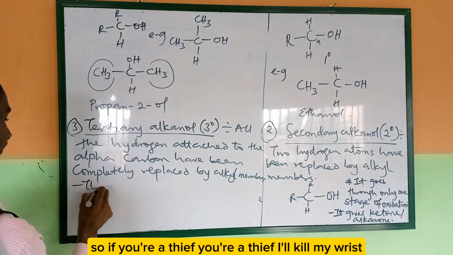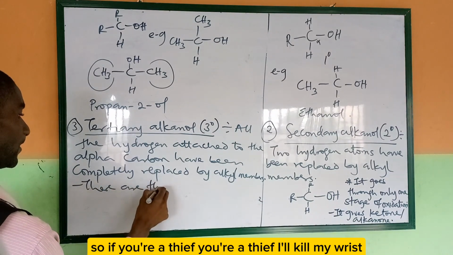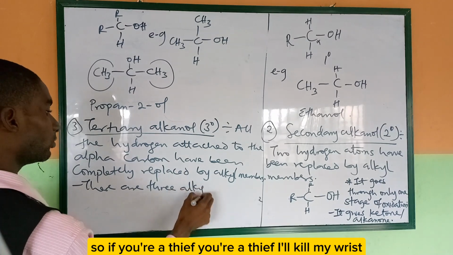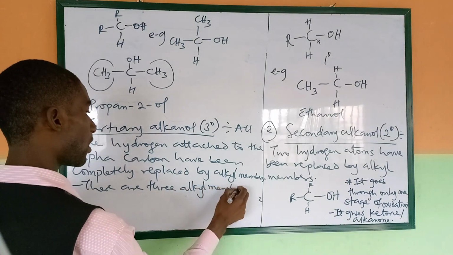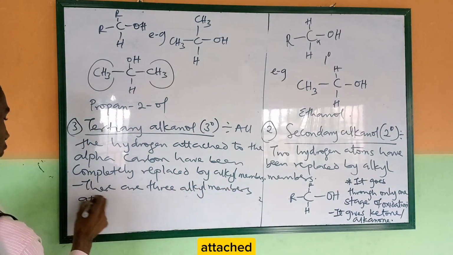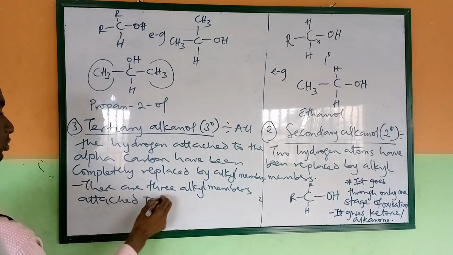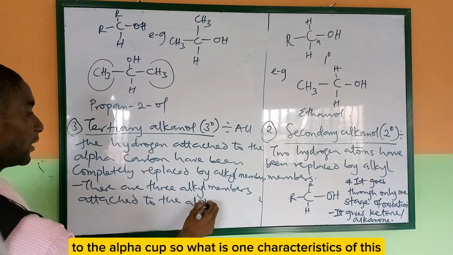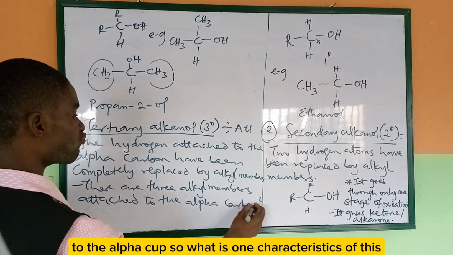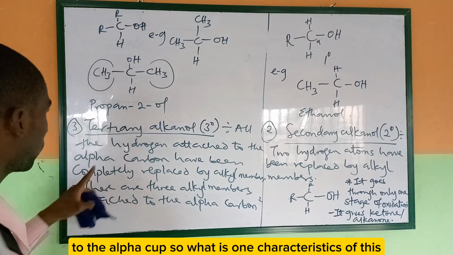So there are three alkyl members attached to the alpha carbon.